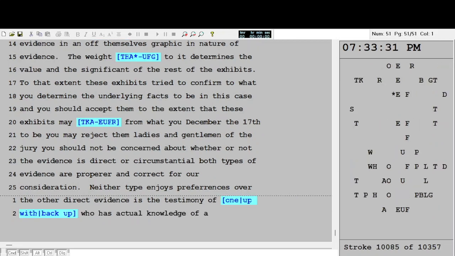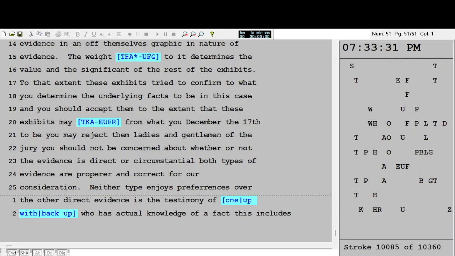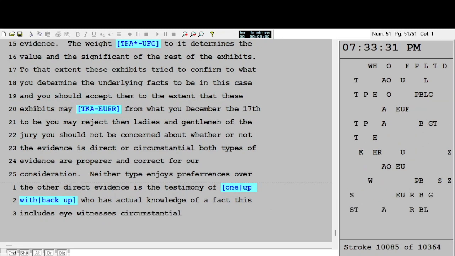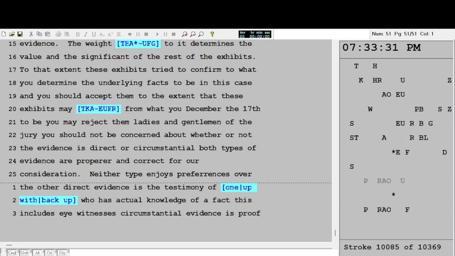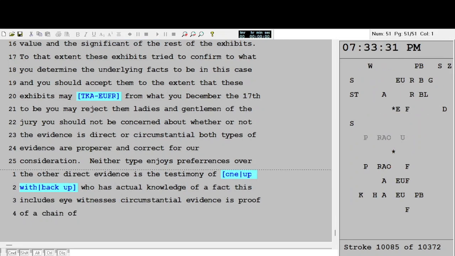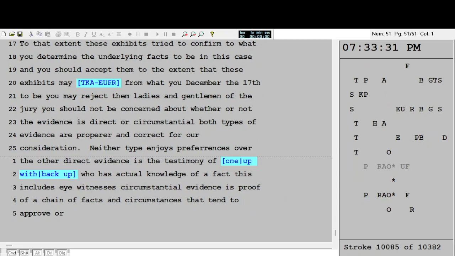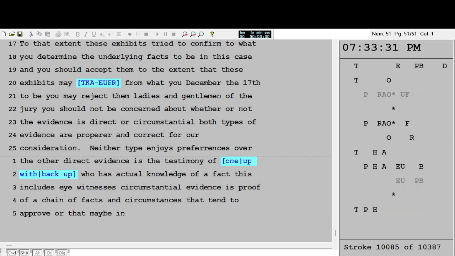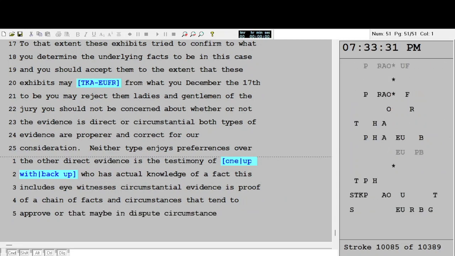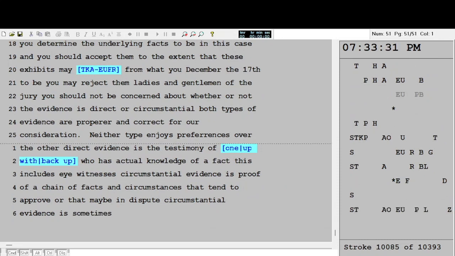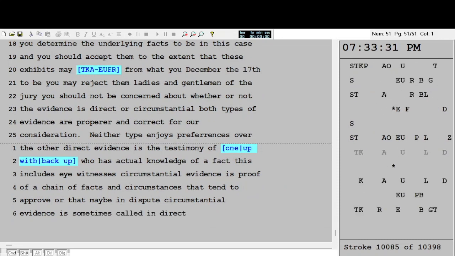This includes eyewitnesses. Circumstantial evidence is proof of a chain of facts and circumstances that tend to prove or disprove a fact that may be in dispute. Circumstantial evidence is sometimes called indirect evidence, which means it is not direct in nature.